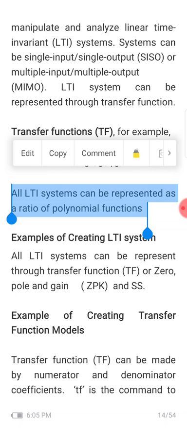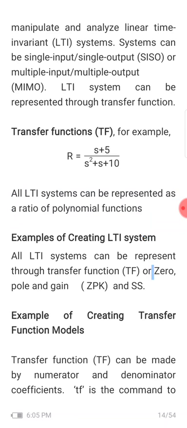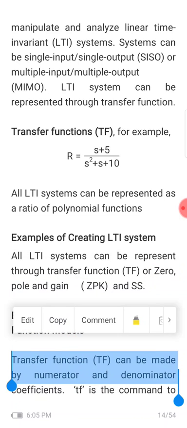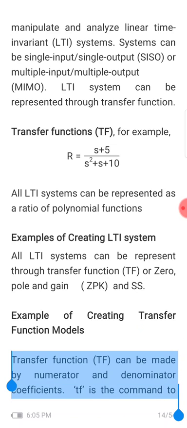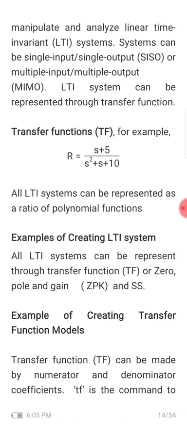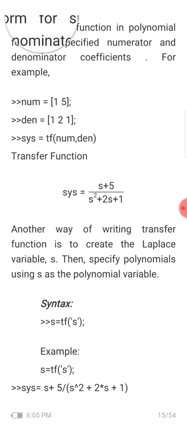The LTI can be represented through the transfer function or through the zero pole gain, and SISO system. Now example of creating transfer function. The transfer function can be made by numerator and denominator coefficients. TF is the command to write transfer function in polynomial form.